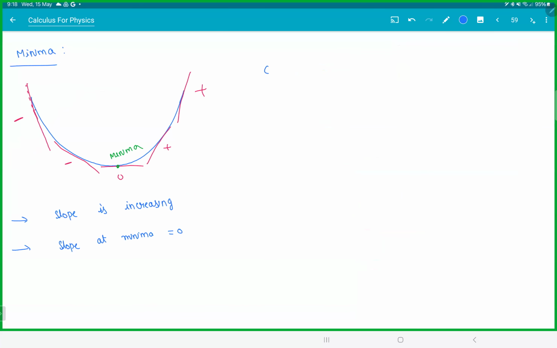So same thing, condition 1, slope is 0. This is the reason why you need a second condition, because condition 1 will tell both are 0. So if the slope is 0, you don't know whether it is a maxima or a minima. Condition 2, slope is increasing. So the change in slope is positive.